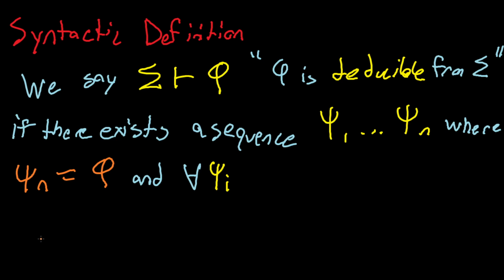Let's begin. So one possibility is psi i is a tautology. Okay. Like if I write down a tautology in my proof, no one's going to argue with that.